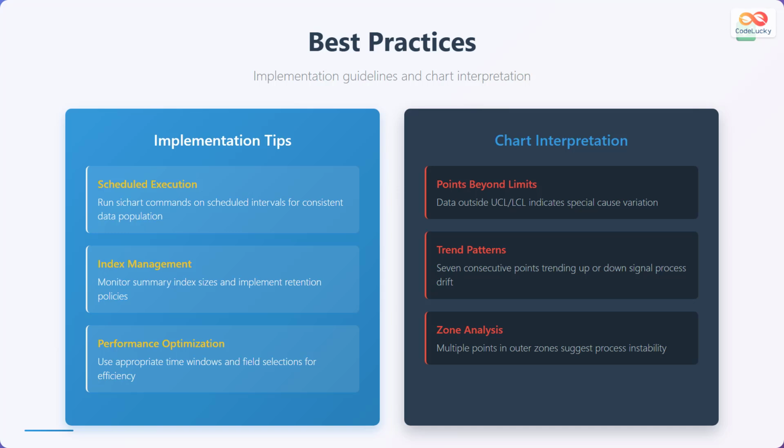When interpreting control charts, points beyond the upper control limit or lower control limit indicate special cause variation that requires investigation. 7 consecutive points trending upward or downward signal process drift that needs attention. Multiple points in outer zones suggest process instability. These guidelines ensure effective statistical process control and reliable monitoring of your systems and processes.